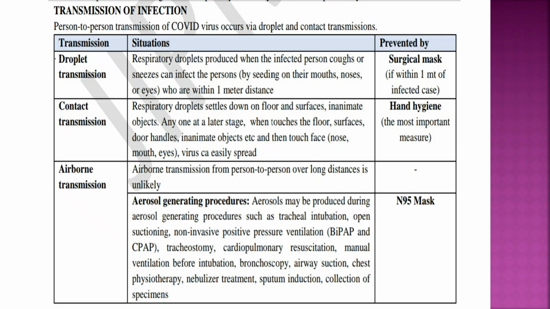Then third one is the airborne transmission. Airborne transmission from person to person over long distances is unlikely. But aerosol generating procedures, like tracheal intubation, open suctioning, non-invasive positive pressure ventilation, tracheostomy, cardiopulmonary resuscitation, manual ventilation before intubation, bronchoscopy, airway suction, chest physiotherapy, nebulizer treatment, sputum induction, collection of specimens, or in laboratory when we are doing centrifugation, transferring samples from one place to another.